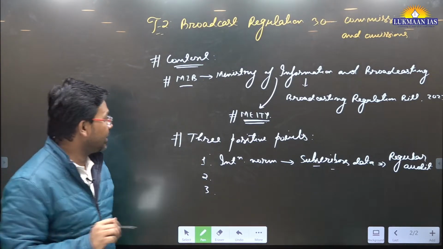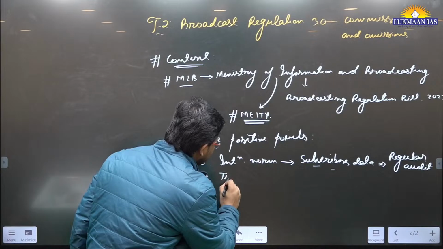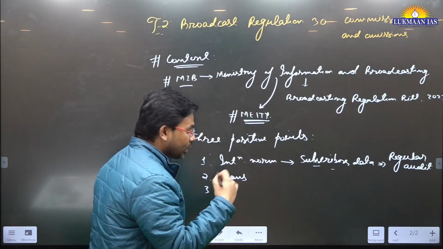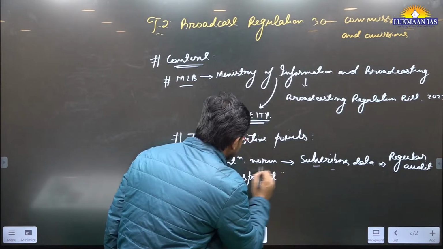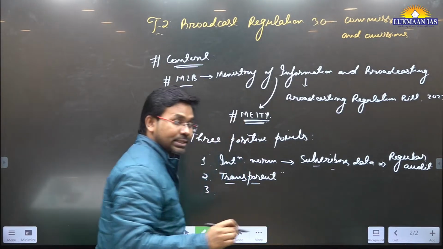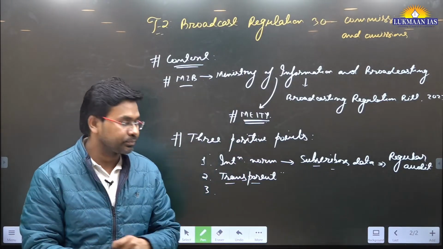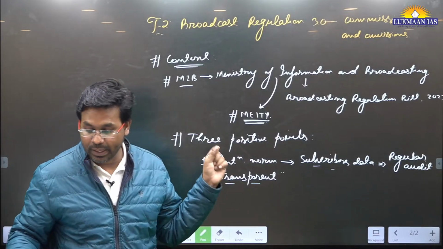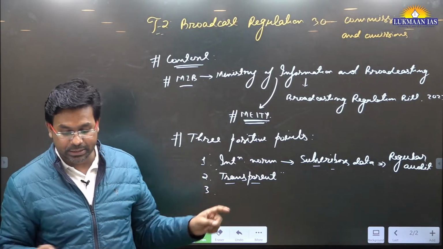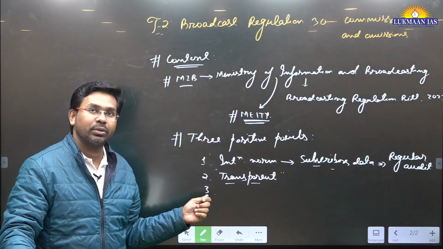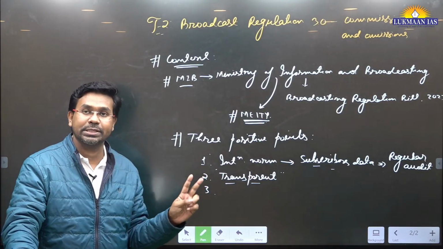So the second point is that broadcasters should be more transparent in how they are generating profit from their business. Their business model and those details must be shared. So this is a positive development.